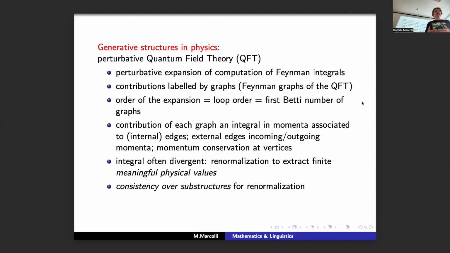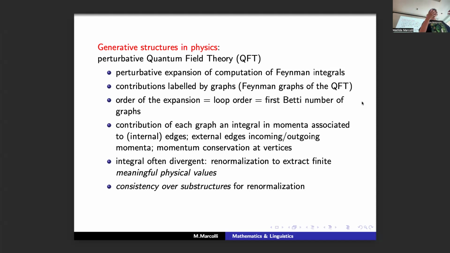The combinatorial objects are graphs. The structure of these graphs is determined by which physical theory you're looking at, and it represents some specific terms of interaction in the expansion. A heuristic way of thinking about what a graph represents is that you have certain incoming momenta and certain outgoing momenta, with a conservation law that whatever flows in also has to flow out. In between, there's some interaction between various kinds of fields and particles.